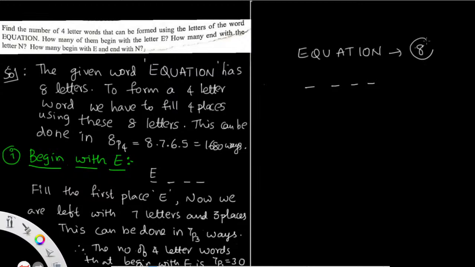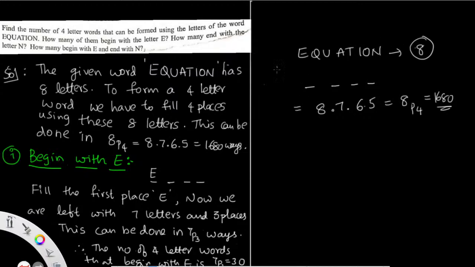How many ways can we fill up these 4 places? The first place can be filled by any of 8 letters, similarly the next by 7, then 6 and 5. So total it is denoted by 8P4, that is 1680 ways.